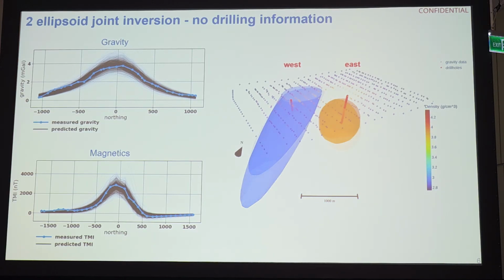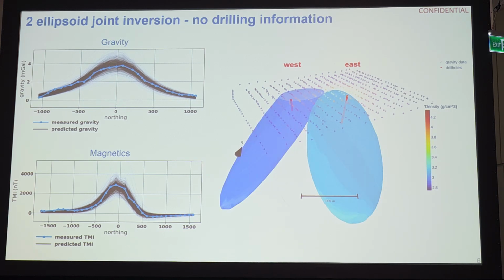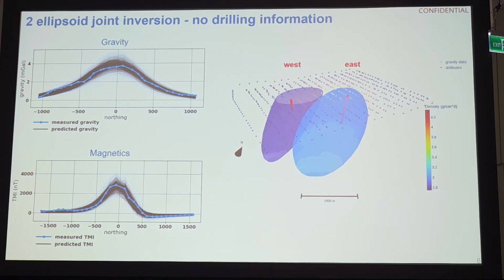You can see that most of these describe a large anomaly in that location pretty well. Some of them fit the gravity data better, some of them fit the magnetic data better, so there's a bit of a spread, but we also know that this is a relatively simple model trying to describe a complex Earth. So we're allowing a little bit of misfit there.